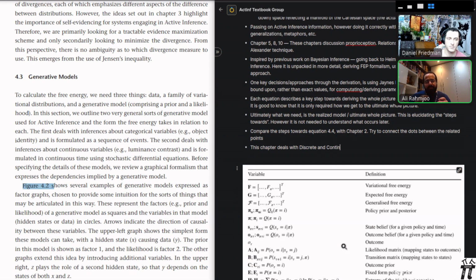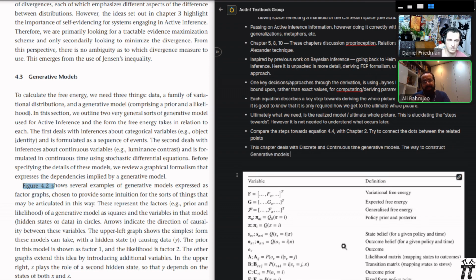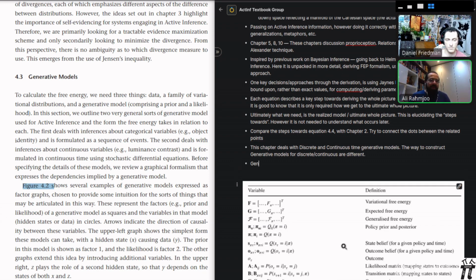And obviously, the way to construct generative models for discrete time situations would vary quite a bit from the one for continuous time situations. But the general principle underlying those generative models is basically the same, which is to somehow construct a model of the environment.